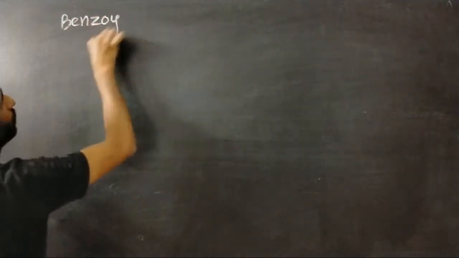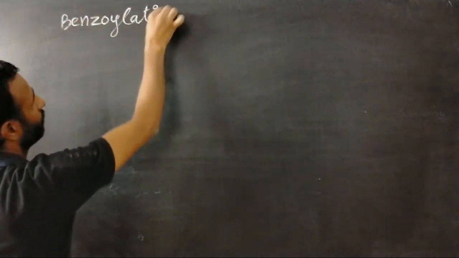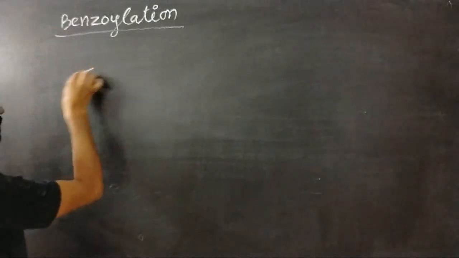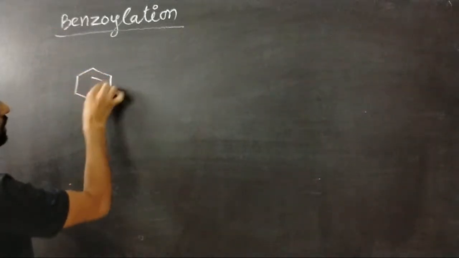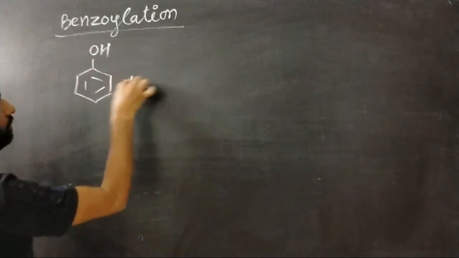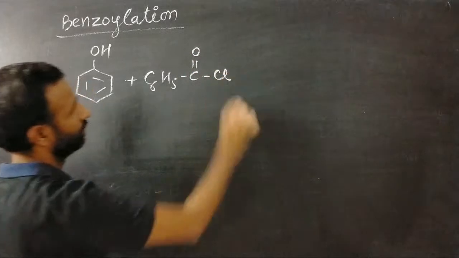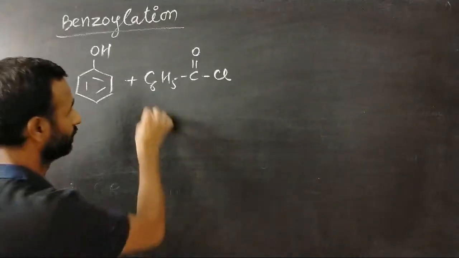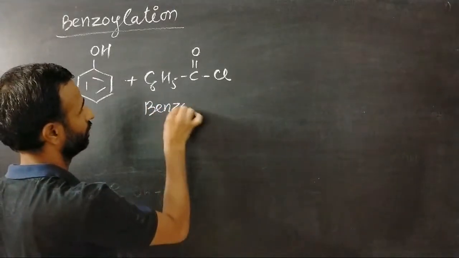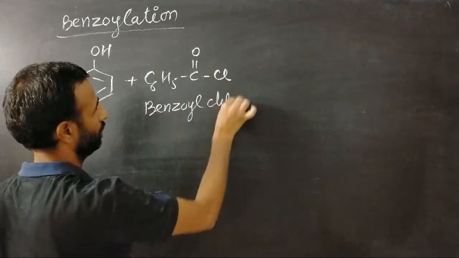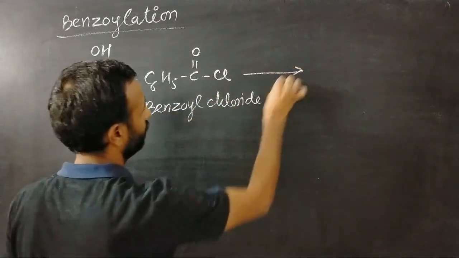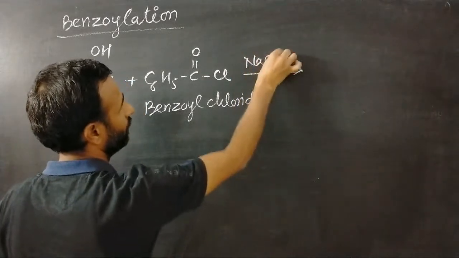Okay, next is benzoylation. Just like acylation, there is benzoylation. In this case, phenol is treated with benzoyl chloride in the presence of NaOH.